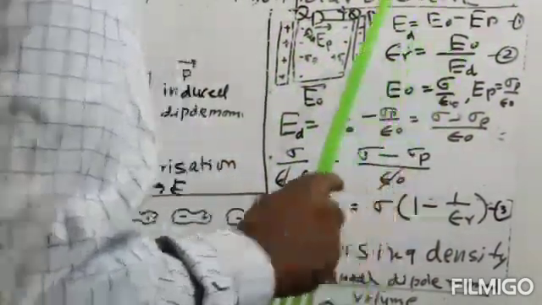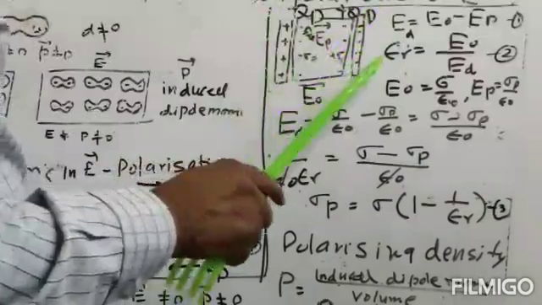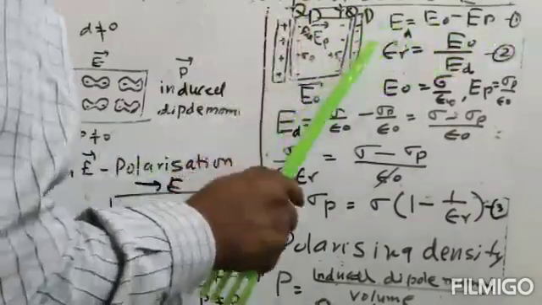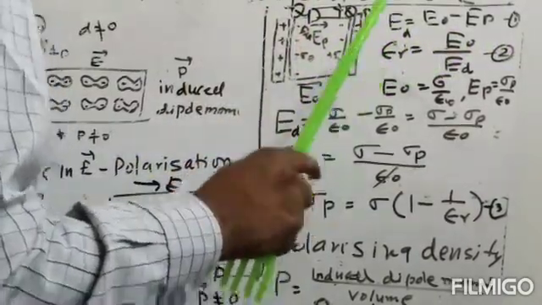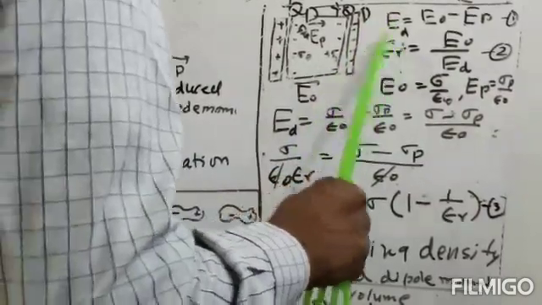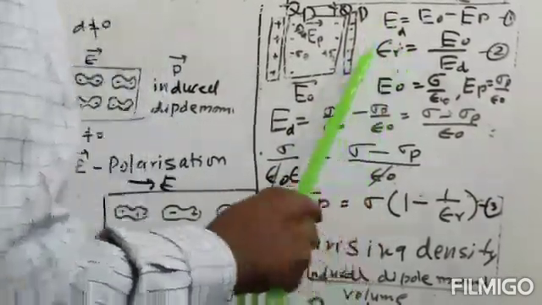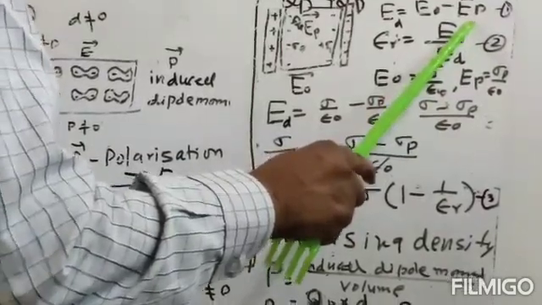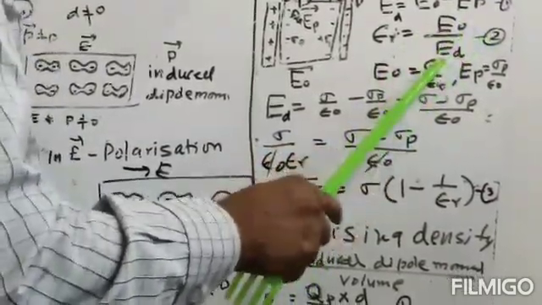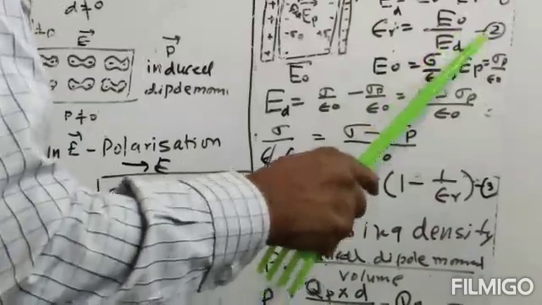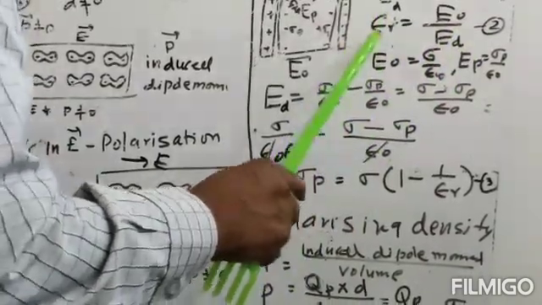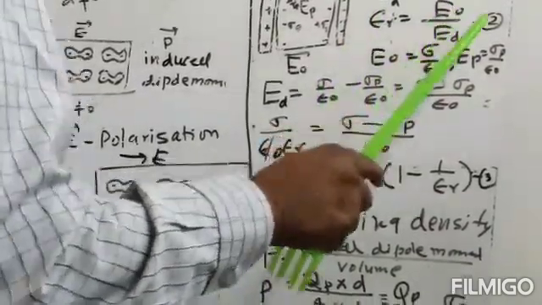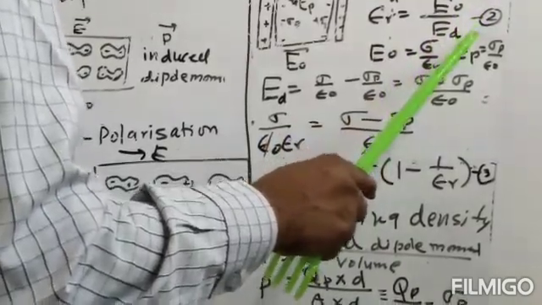So now we have already defined what is dielectric constant or relative permittivity. Relative permittivity is the ratio of the electric field when air is the medium divided by the electric field when another medium, the dielectric, is present. So epsilon R will be equal to E0 by ED.